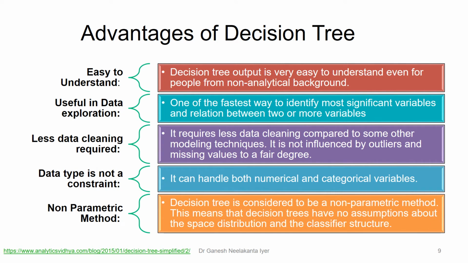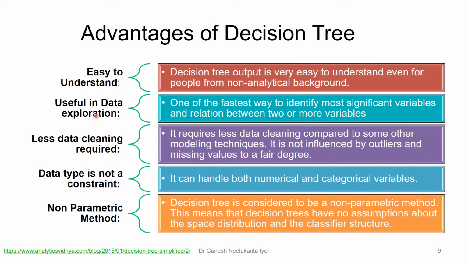Advantages of decision tree. They are very easy to understand because even with no analytical background, you will be able to understand if and else logic, isn't it? And very useful for data exploration because it helps you identify more significant variables and relations between two or more variables. Less data cleaning required. It requires very little data cleaning compared to some other techniques.